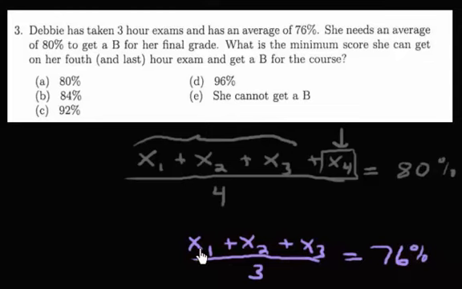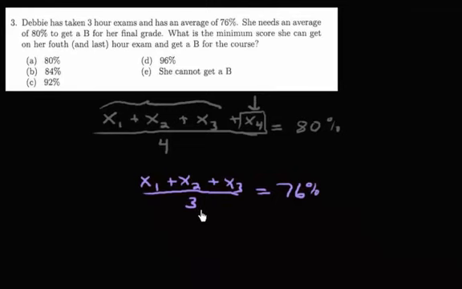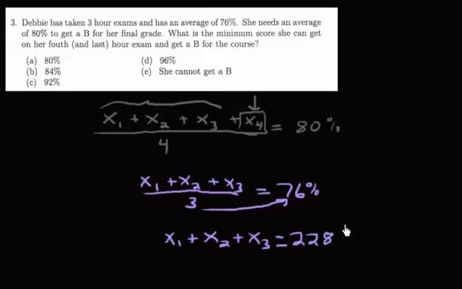I'm not going to be able to solve for x1, x2, and x3 individually, but I can solve their sum, meaning that if I multiply this 3 over to the other side, I will be able to solve for x1 plus x2 plus x3. And that's going to equal 228. Again, I don't know each one of these, but I do know their sum. I know their sum is 228.